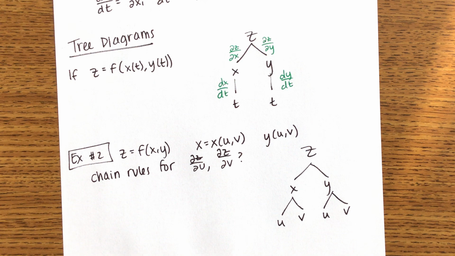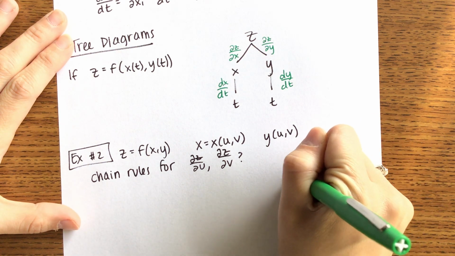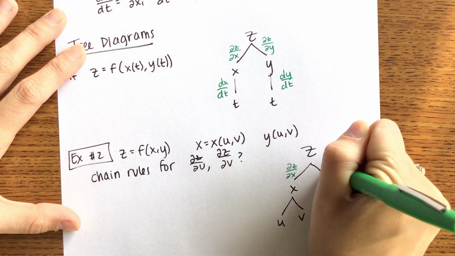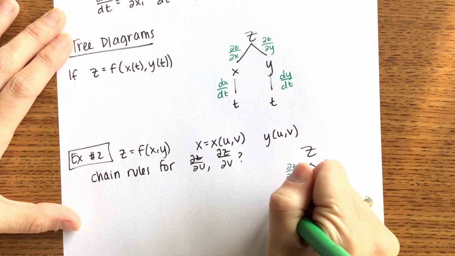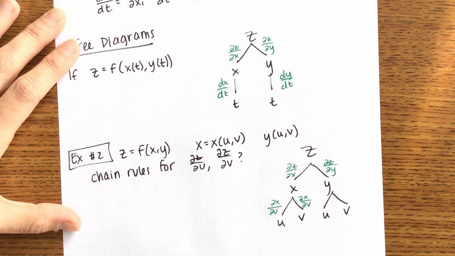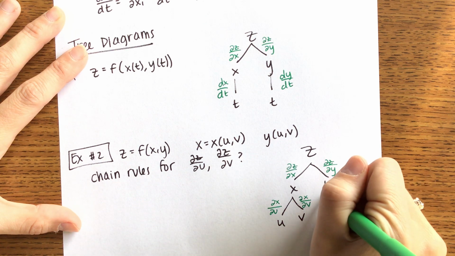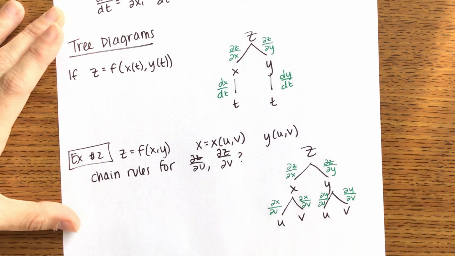So now we're going to fill in the derivatives along the tree. So this will be partial z with respect to x, partial z with respect to y. Here now, this will be partial x with respect to u, partial x with respect to v, and then partial y with respect to u, partial y with respect to v.